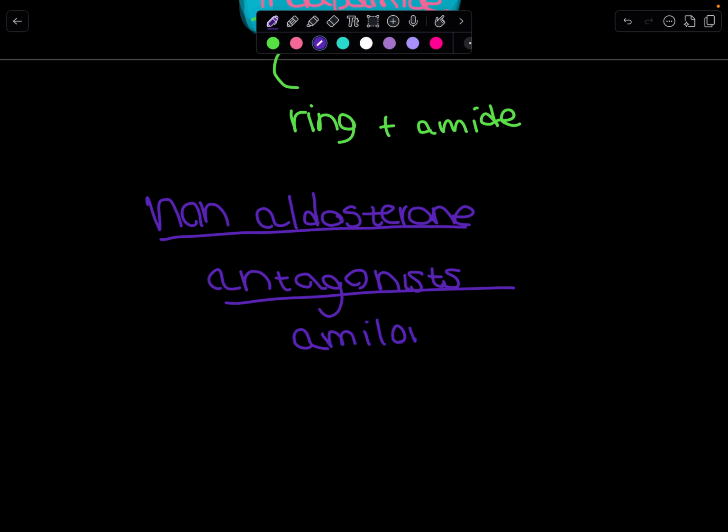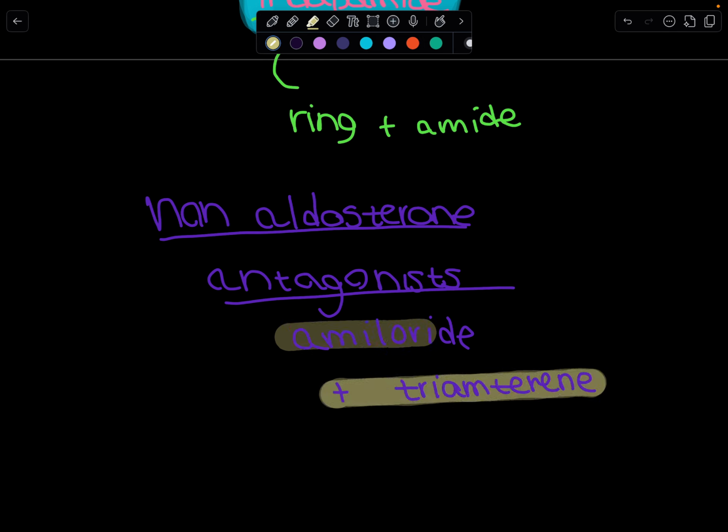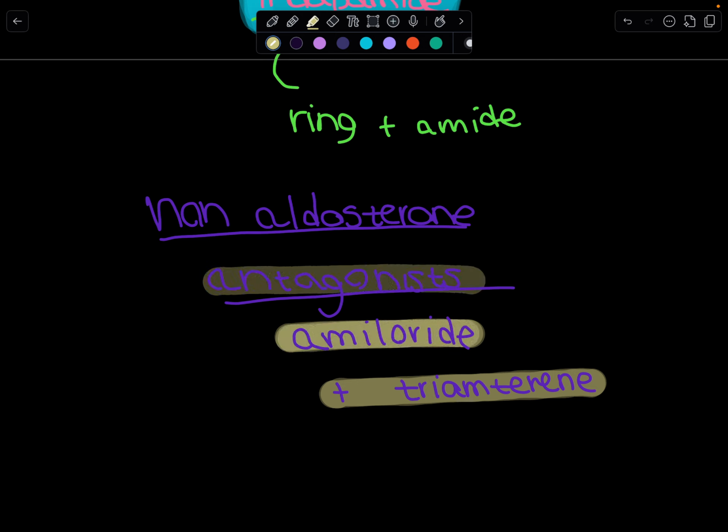Non-aldosterone antagonist potassium-sparing diuretics, like amiloride and triamterene, act in the late distal tubule and collecting duct, directly blocking epithelial sodium channels, ENaC. Unlike spironolactone, which inhibits aldosterone signaling, these drugs physically stop sodium reabsorption through ENaC, reducing the electrical gradient that drives potassium excretion, thus sparing potassium.